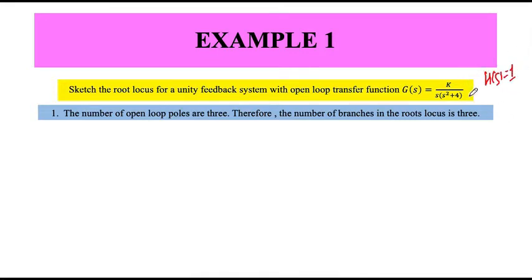Wherever G(s) is given, it can be assumed that H(s) equals 1, and we always know how to transform a non-unity feedback system to a unity feedback system, so we can do the same analysis. Coming back to this, given the transfer function we have 3 poles, so we will have 3 branches of root locus.